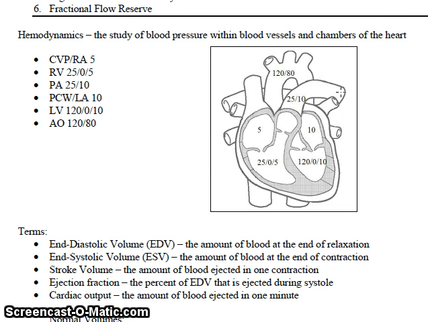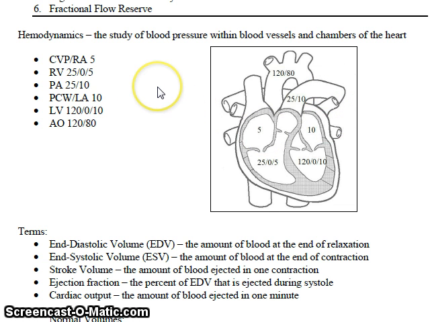From that, they can measure the left atrium's pressure, which I know sounds crazy, but if you think about it, there's not a valve located between the pulmonary artery circulation and the left atrium. So they can determine what the left atrium pressure is by placing this catheter into the pulmonary artery.